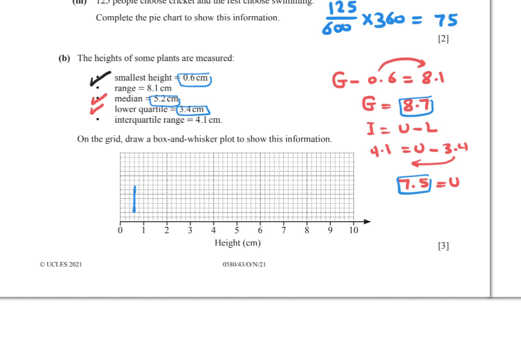And the lower quartile 3.4, so this is 3.4. Median 5.2, so this is 5.2.